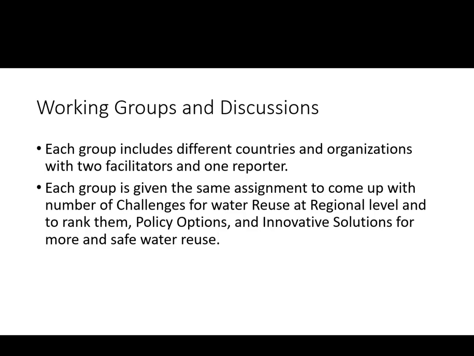And each group is given the same assignment to come up with a number of challenges for water use at regional level and to rank them according to importance, also policy options and innovative solutions for more and safe water reuse.